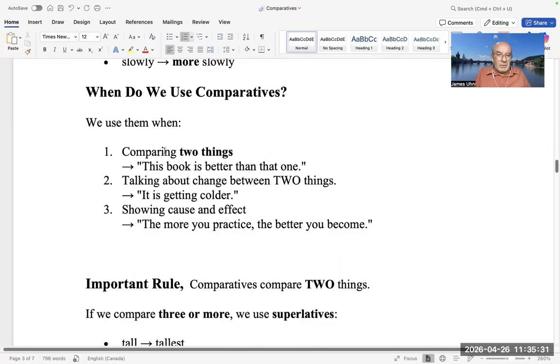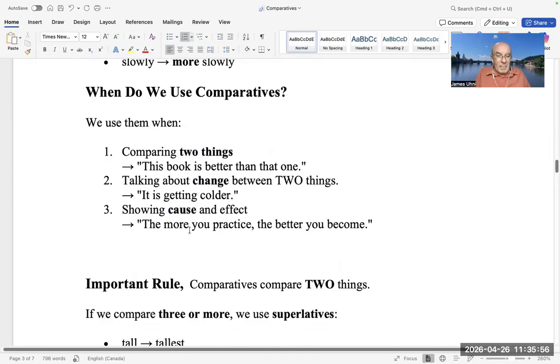So this one is compared to things. Here it is about change between two things. It is getting colder and showing cause, or if you want, a reason and effect.